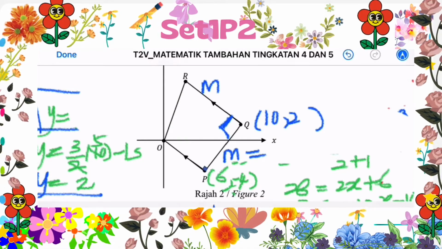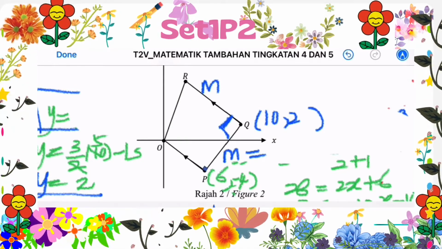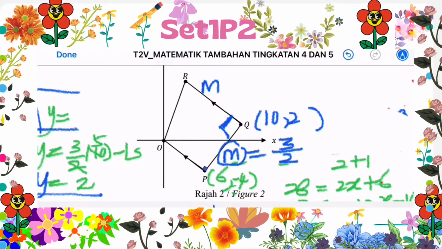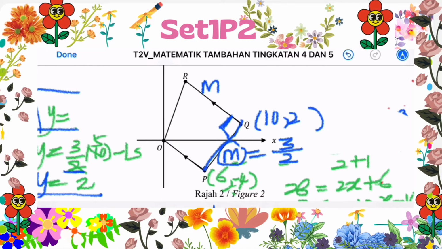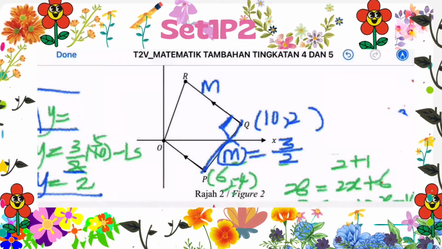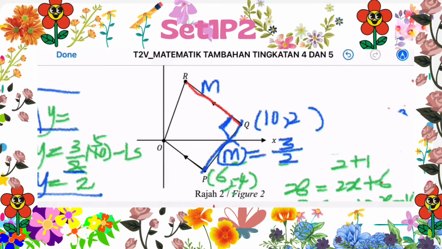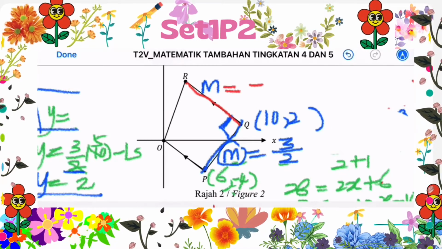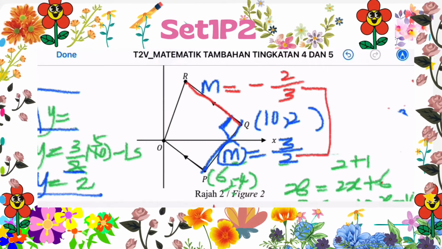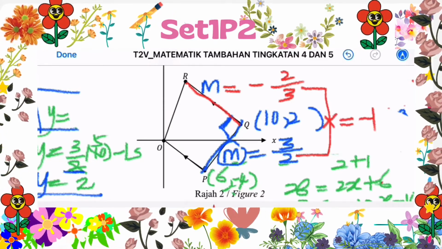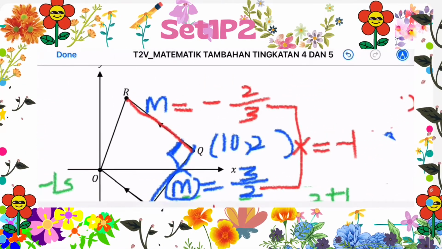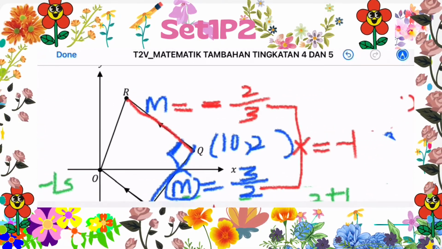Just now we have 3 over 2, right? The gradient for this line PQ, the blue line. And then for the red line, the m here should be negative 2 over 3. Why? Because these two gradients must multiply to negative 1. So we just invert, and if this is positive, we make it negative, right?